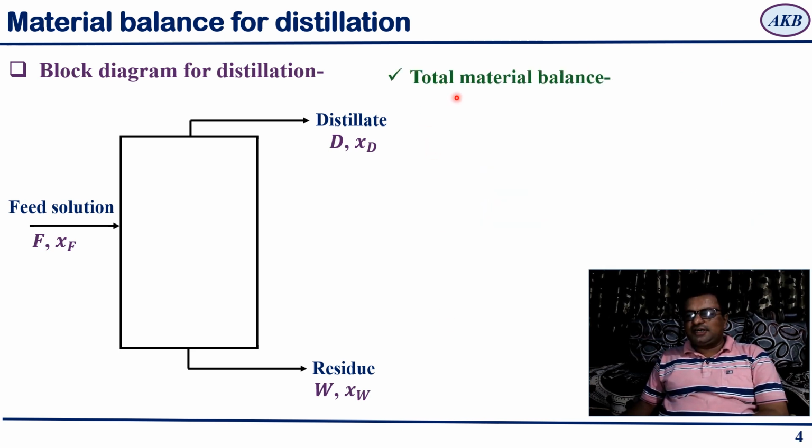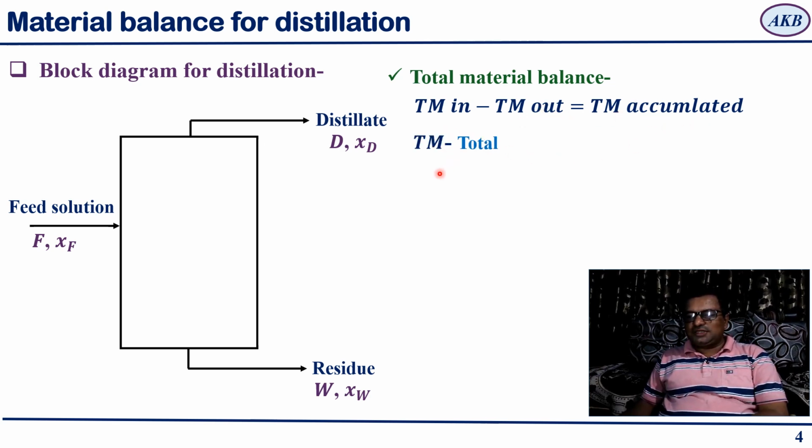Let us first write the total material balance. By total material balance, we mean we are going to write a balance for total moles. It will be written like this: Tm in minus Tm out is equal to Tm accumulated.